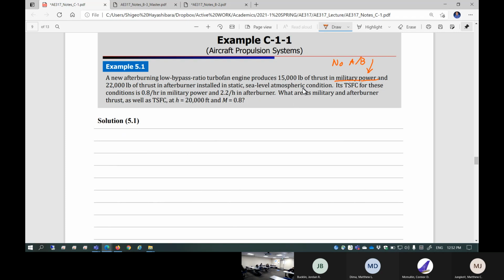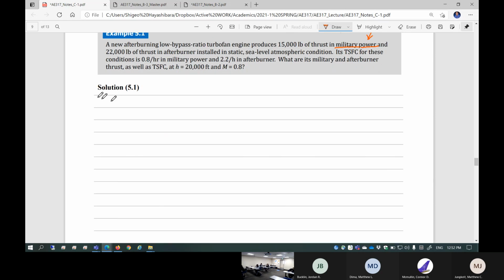What are its military and afterburner thrust as well as TSFC at H equal to 20,000 feet and Mach number equal to 0.8? So very simply, you're going to estimate, based on the sea level catalog spec, the actual value of thrust available at the given altitude.